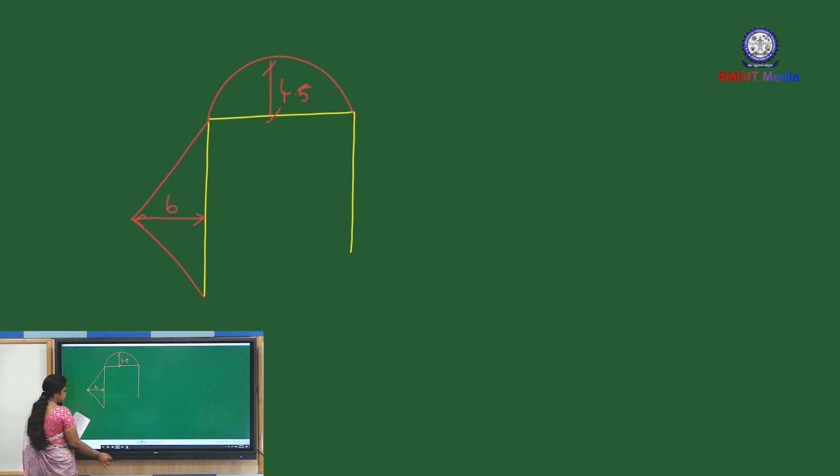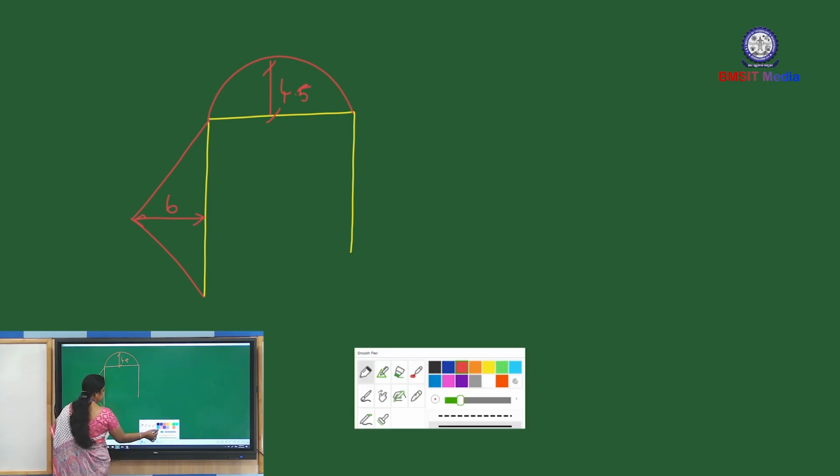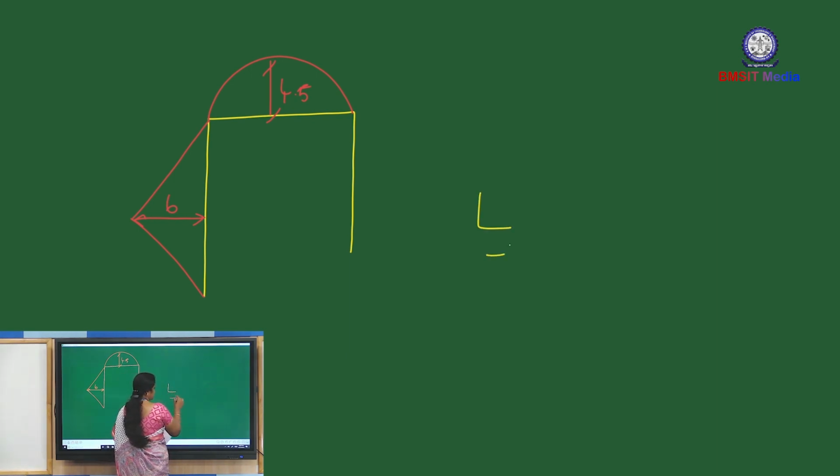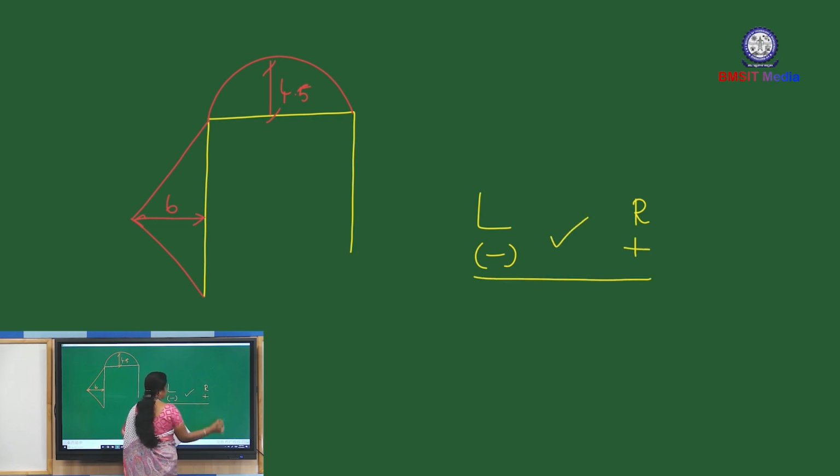Now we have to mark the end moments. The sign convention: left side anticlockwise, right side clockwise moment means we have to draw above the baseline.